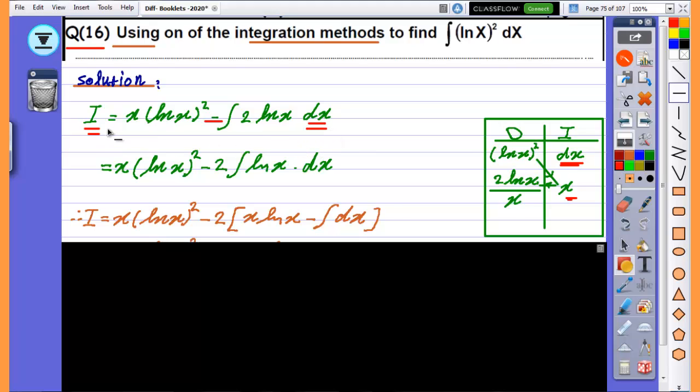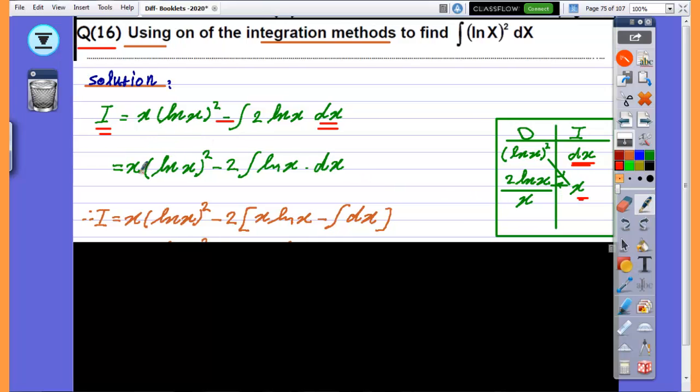Okay, again, I equals (ln x) all square multiply x minus this product, 2 ln x dx. And we have another integration here. Now the right hand side will be x multiply (ln x) all square minus 2 times the integration of ln x dx.